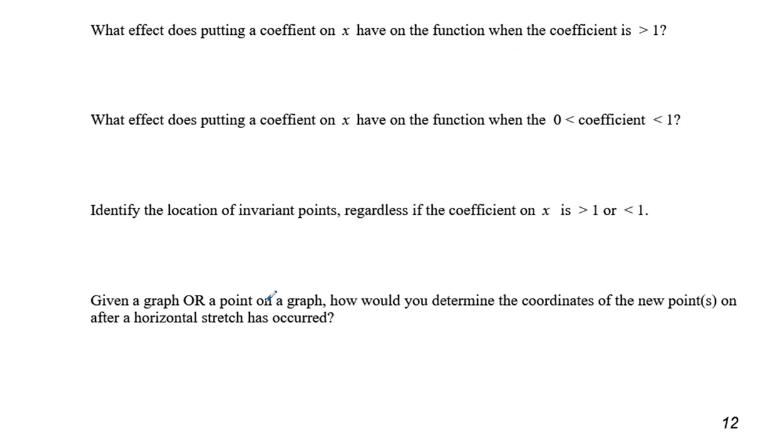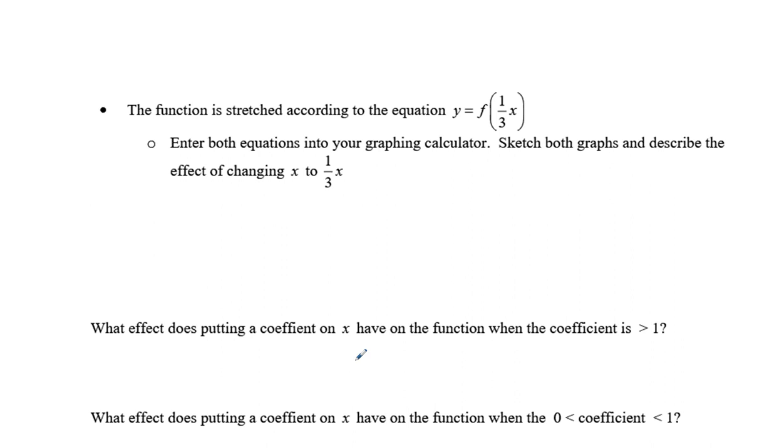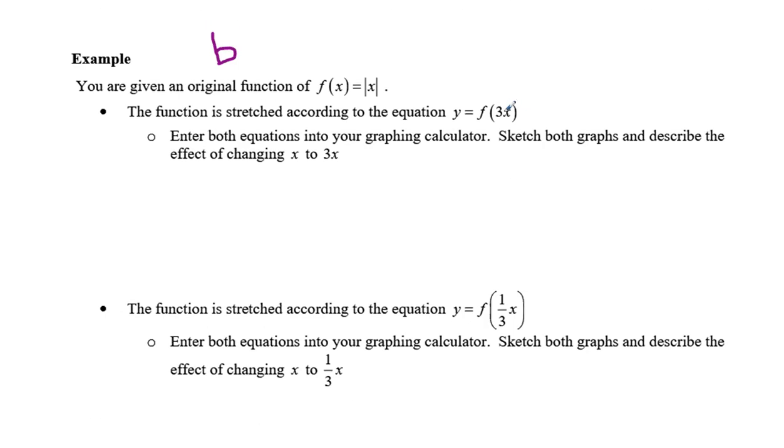Given a graph or a point on a graph, how can you determine the coordinates of the new points? Notice, B influences x. So you will simply take the B value and then multiply x by its reciprocal. So up here, all of my x values get multiplied by 1/3.